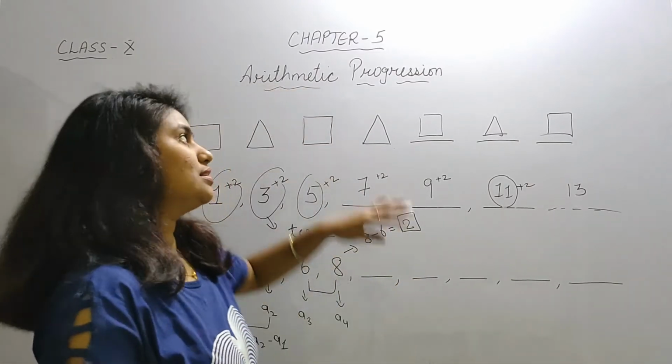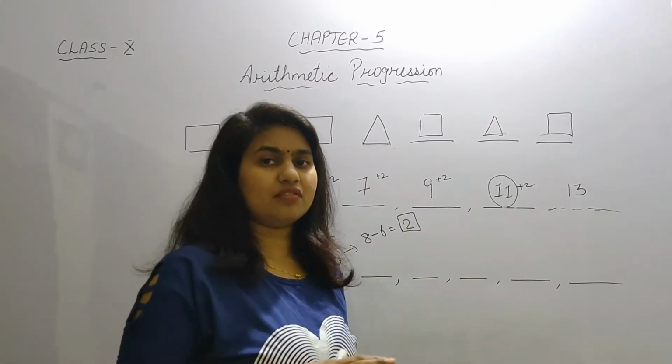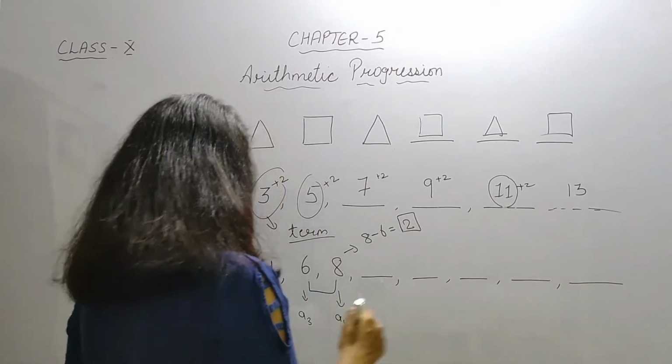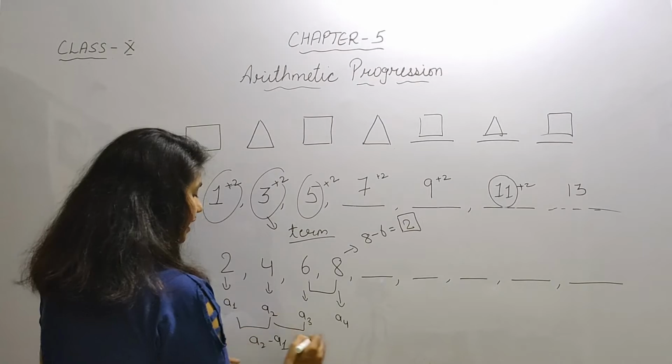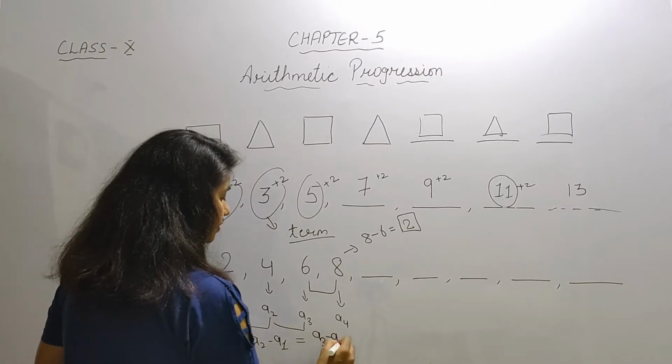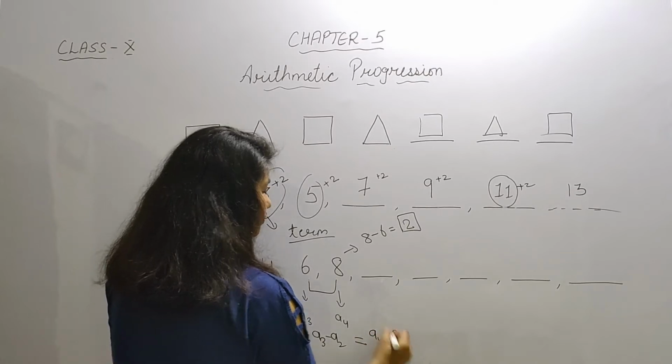Then only it is known as arithmetic progression. Otherwise, it will not be. So A2 minus A1 should be equal to A3 minus A2, which should be equal to A4 minus A3.